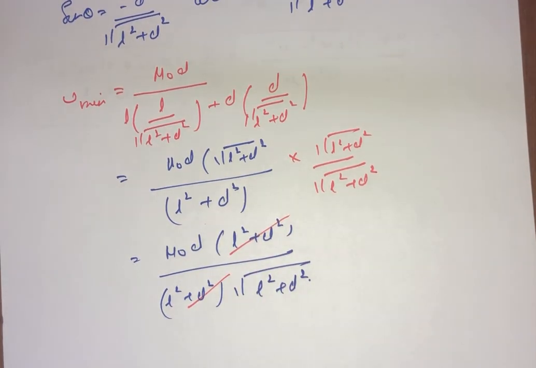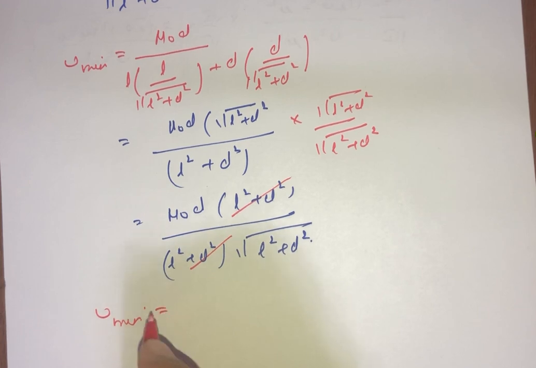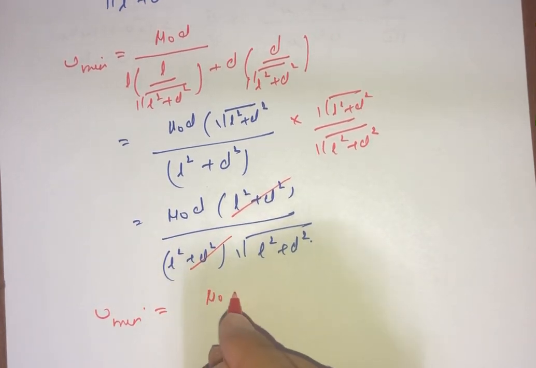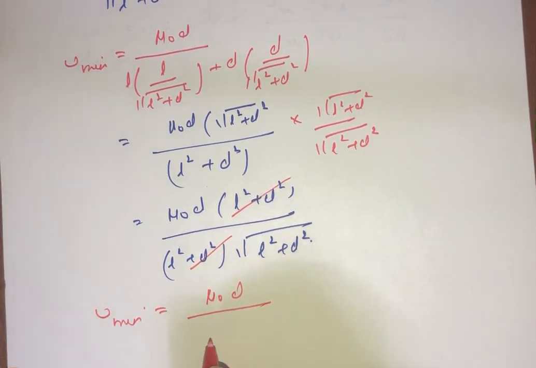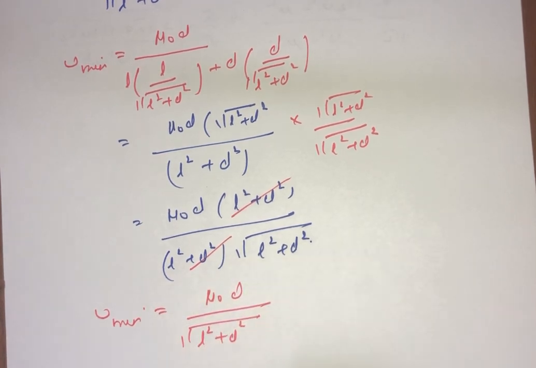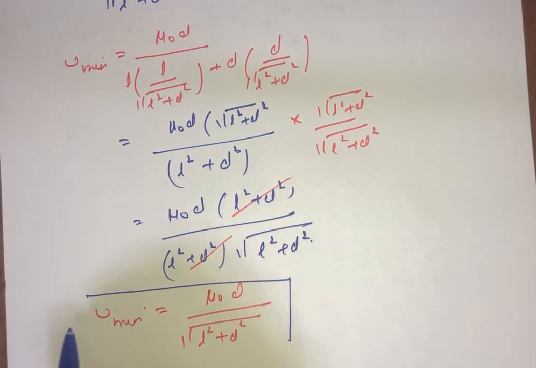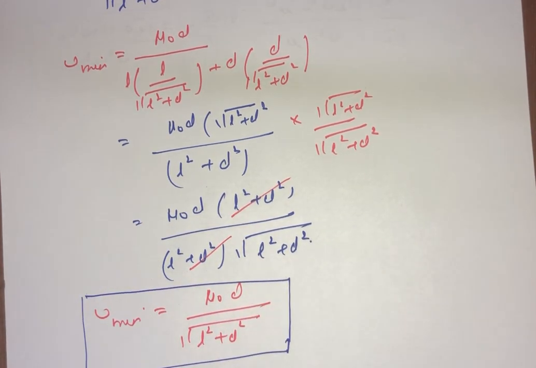This cancels out, so we get v minimum is equal to u naught d divided by the square root of L square plus d square. So this is the minimum velocity with which the swimmer should be swimming so that he reaches the point C. Thank you.